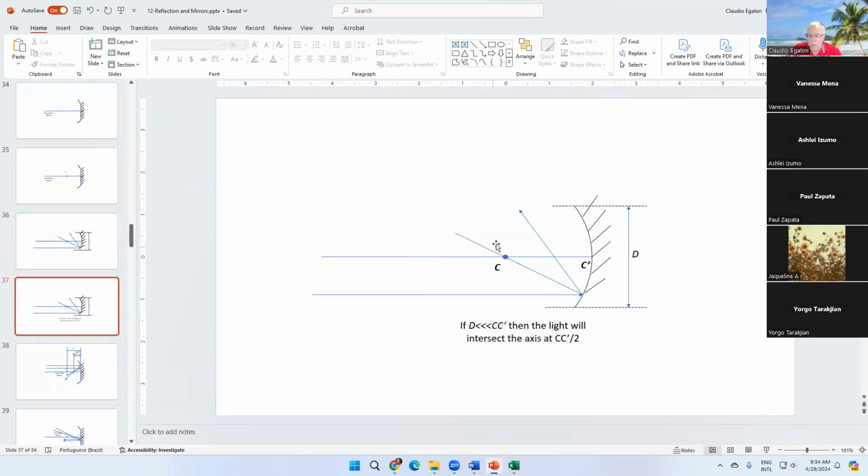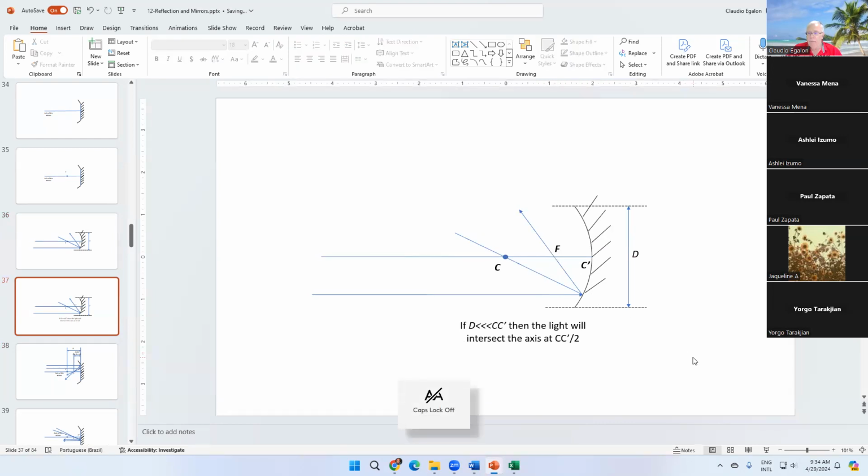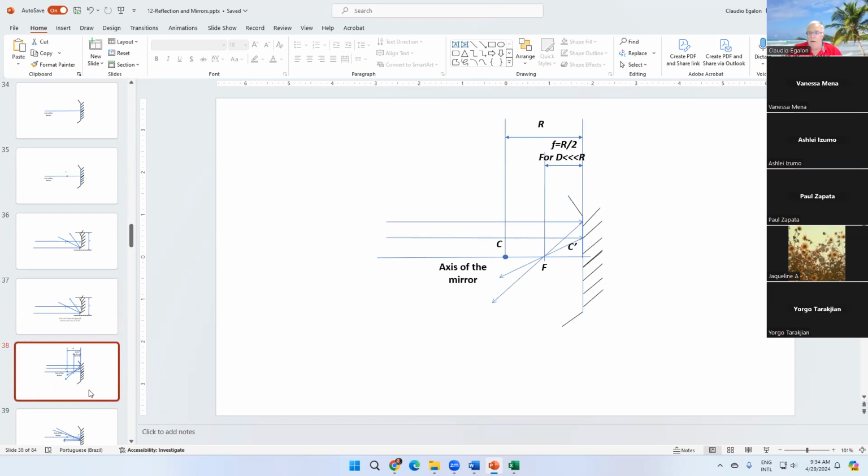And this point here, F, for focal point, capital F. All those light rays parallel to the axis of the mirror reflect towards the focal point. This light ray reflects toward the focal point, this parallel ray reflects toward the focal point, and so on.